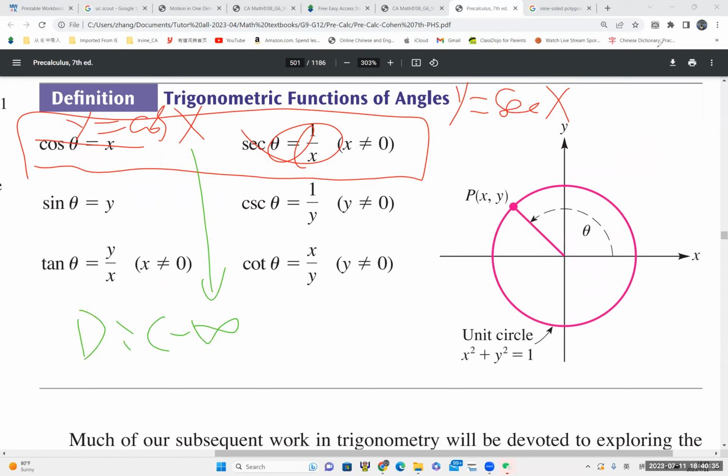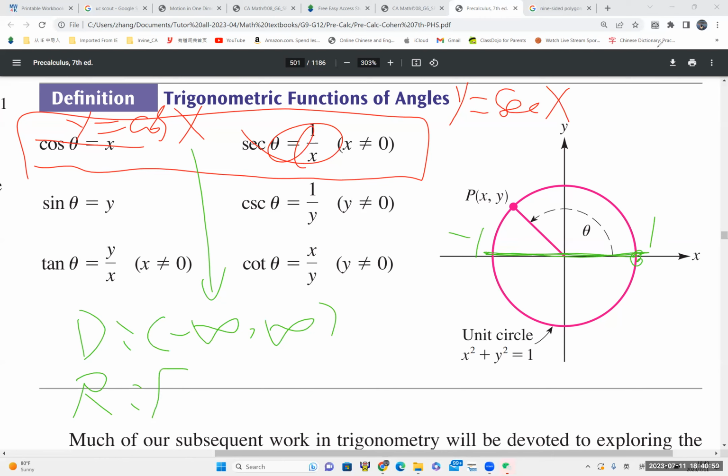That means from negative infinity to infinity. For the function value, that means the range. You can say this is just equal to the x coordinate. Now x means coordinate. So it's just between this, right? Means negative 1 to 1.